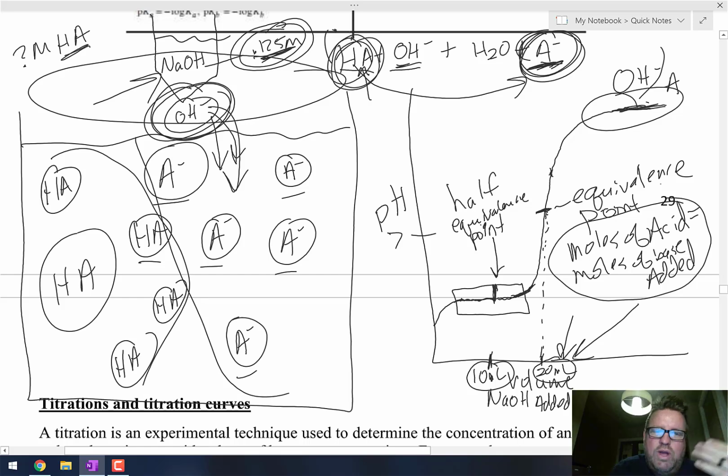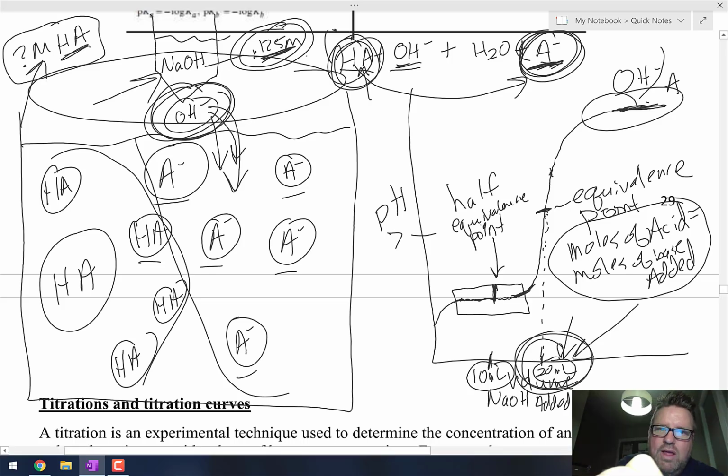Basically, the whole goal of the titration is that you're trying to figure out the concentration of that acid. Once you get the moles of the base, and we're going to talk about this in a little more detail right in the very next video, you take the volume it took to get to the equivalence point and its concentration and get moles.